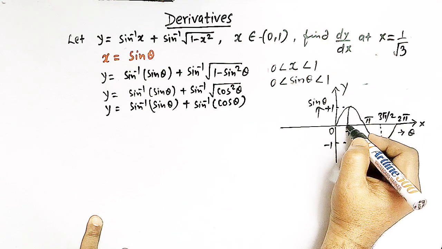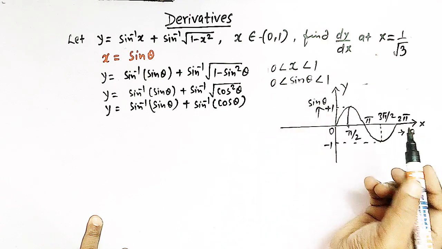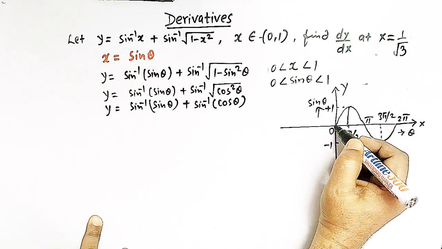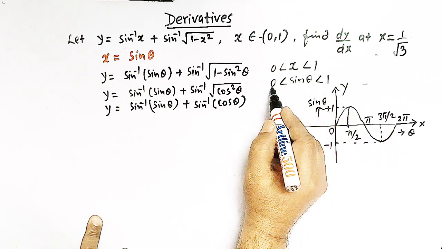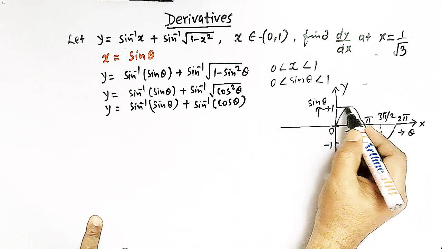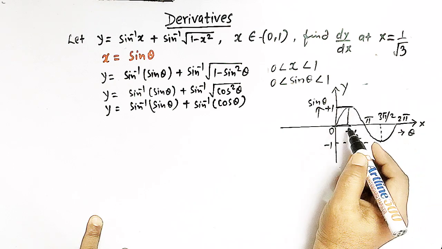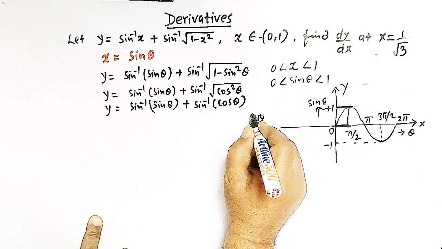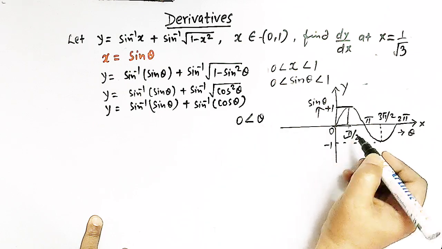So now see here sine theta is greater than 0 but less than 1, right? And here we have 0, and here we have 1. So when sine theta lies between 0 and 1, then theta lies between 0 and pi by 2, right?